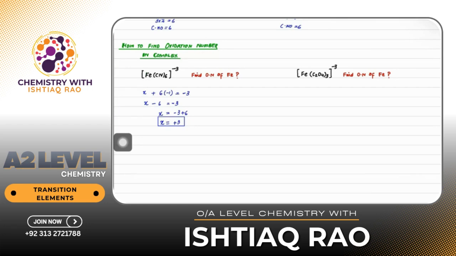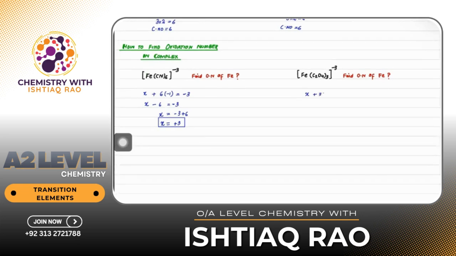Iron is X, plus 3 into minus 2, because this is having a minus 2 charge, is equal to minus 3. Okay. It's very, very easy.